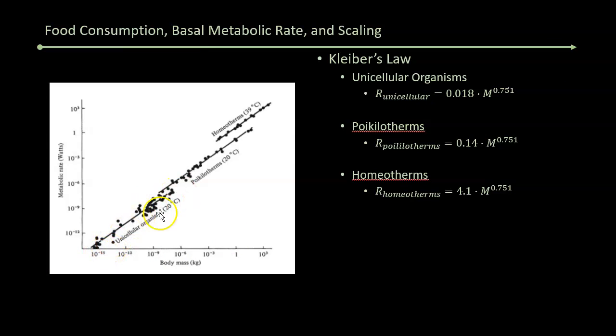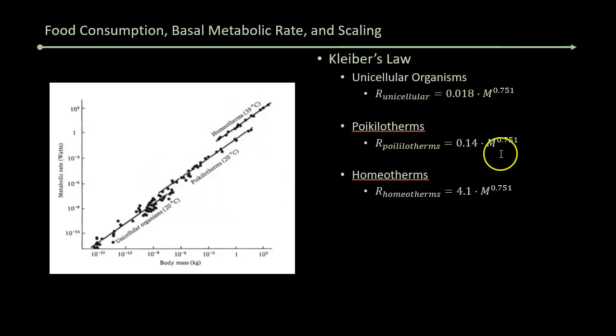That's this group that fit this line down here. The next group up, poikilotherms, things like fish and jellyfish, things that don't have their own independent temperature but are at the temperature of the environment. They have a slightly different behavior.